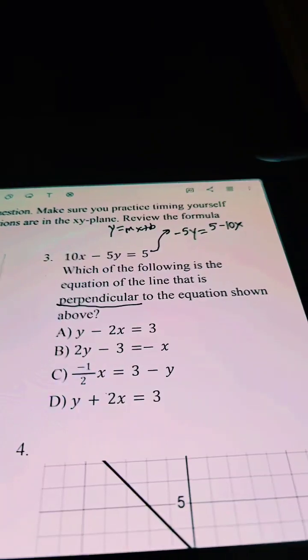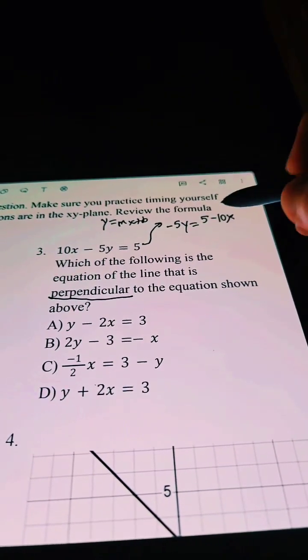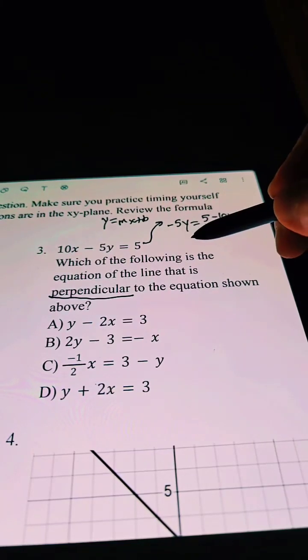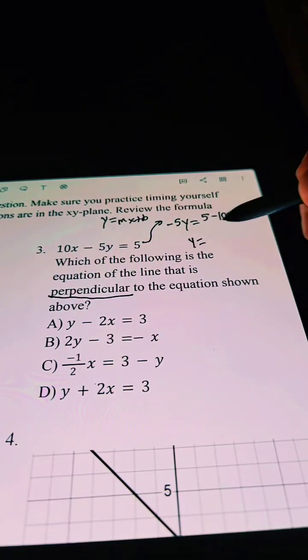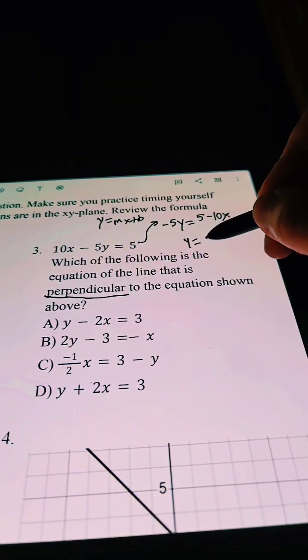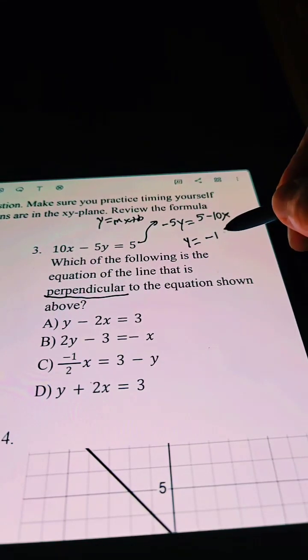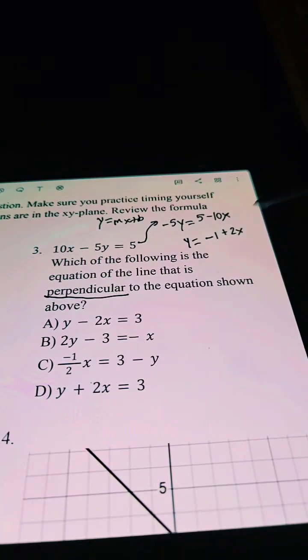And then, again, we need y completely by itself, so I have to divide by -5 to get rid of it on this side. And then I have to divide the other side also by -5. So 5 divided by -5 is -1, and then -10x divided by -5 is going to be positive 2x.